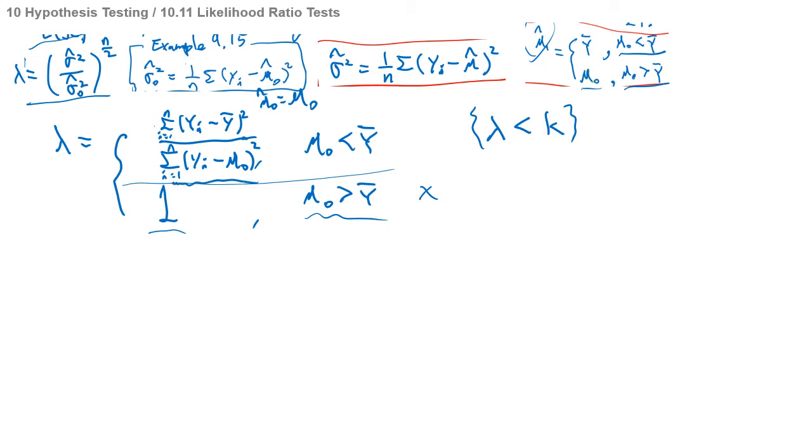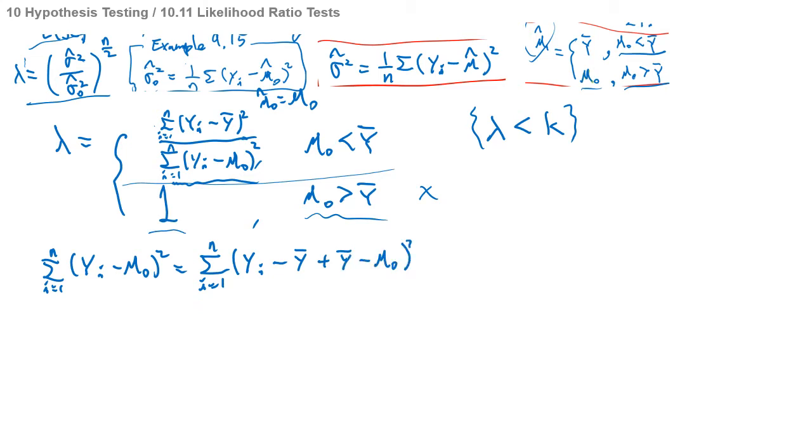So the sum of i equals 1 to n of yi minus mu 0 squared. This one can be written as the sum of i equals 1 to n of yi minus y bar plus y bar minus mu 0 squared.